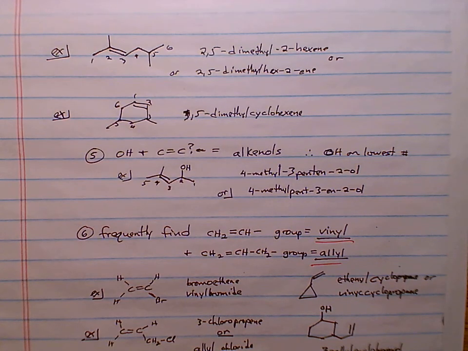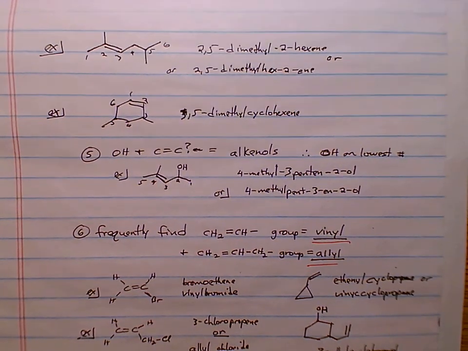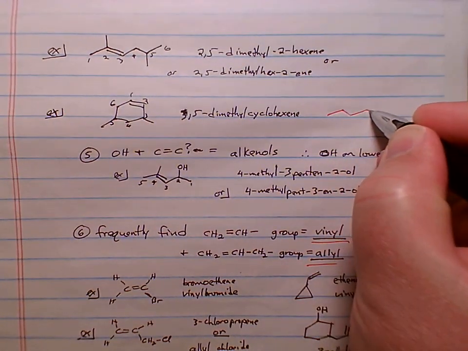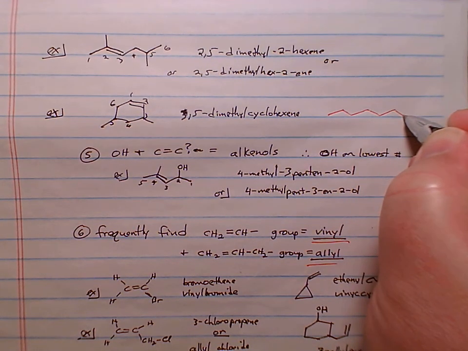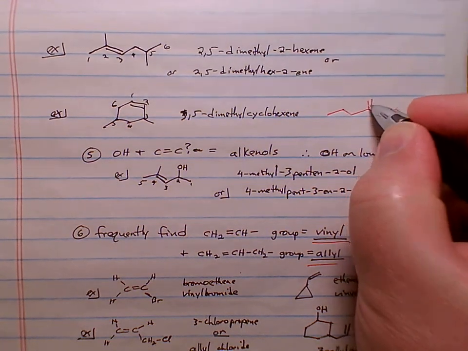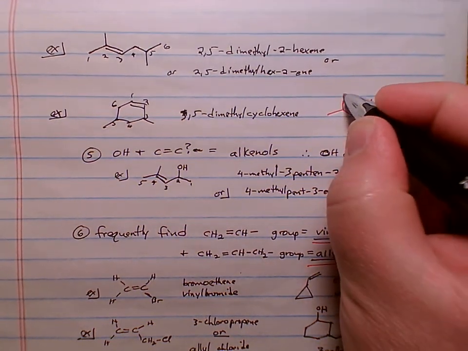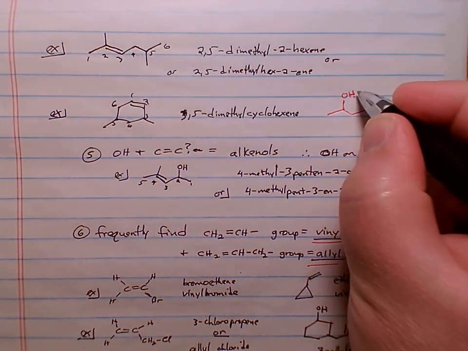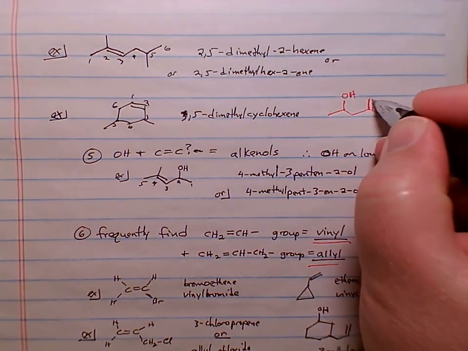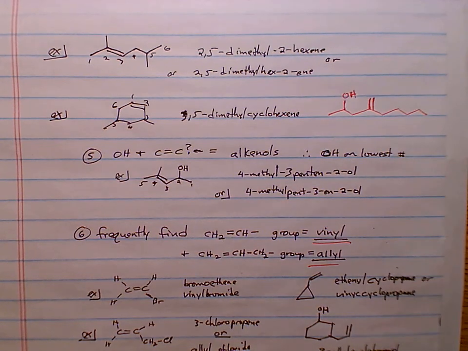Okay. One last example, if you are naming these, what would you name this? Let's look at this guy right here. What if you wanted to name this beast? How would you name it?